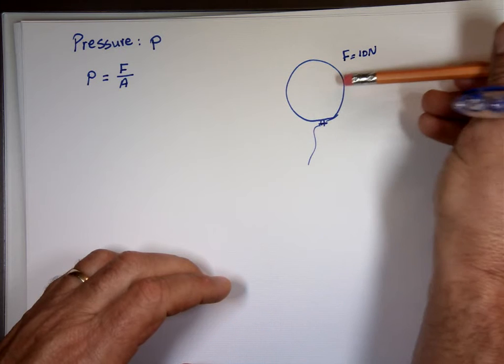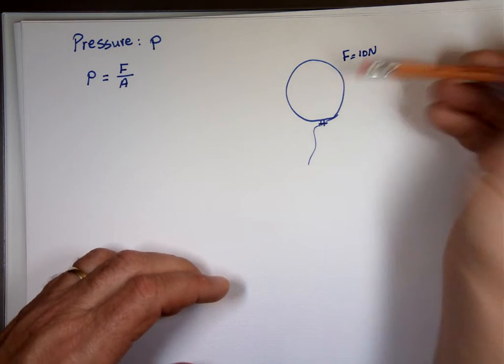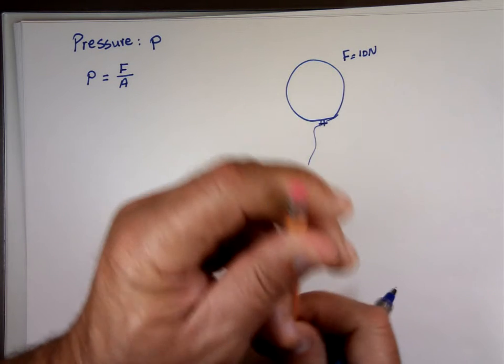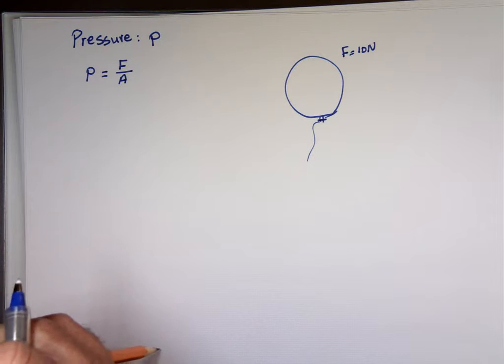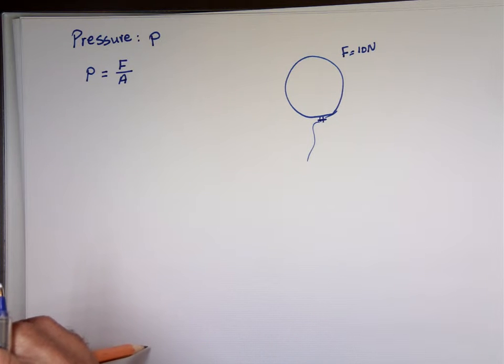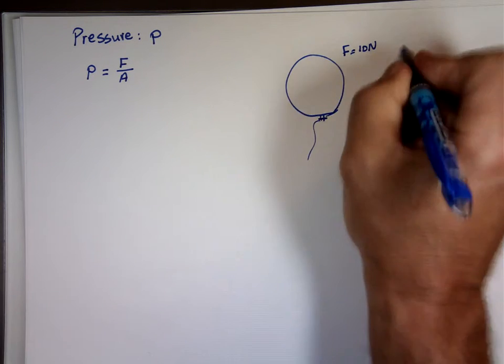You'll see the balloon is denting, but it probably will not pop. If you look at the end of that pencil, it has a diameter. Let's see how many millimeters that is. About 6 millimeters diameter.